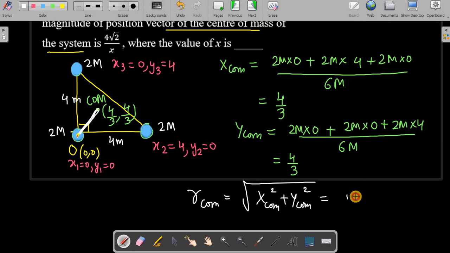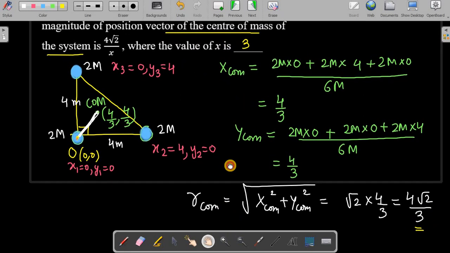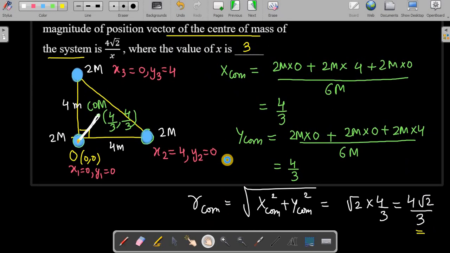Both are the same, so root 2 times 4 by 3, correct? So finally 4 root 2 upon 3. So the denominator they are asking here, x must be 3, right? So 3 is the correct answer. Okay, integer type question. Then let us move to the next.